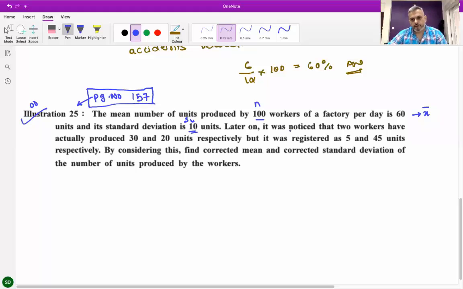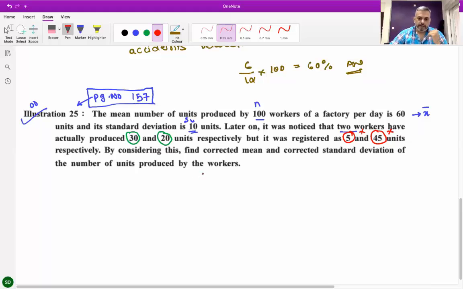Later on, it was noticed that two workers have actually produced 30 and 20 units respectively, but it was registered as 5 and 45 wrongly respectively. By considering this, find corrected mean and corrected standard deviation of number of units produced by the workers.